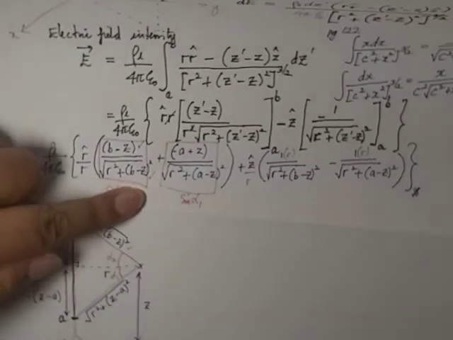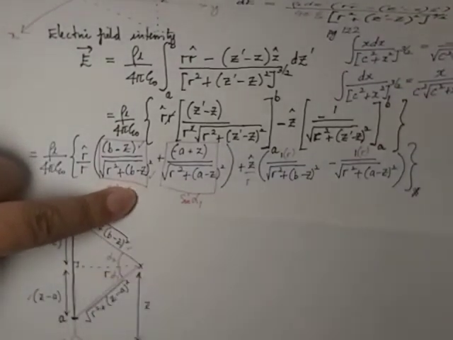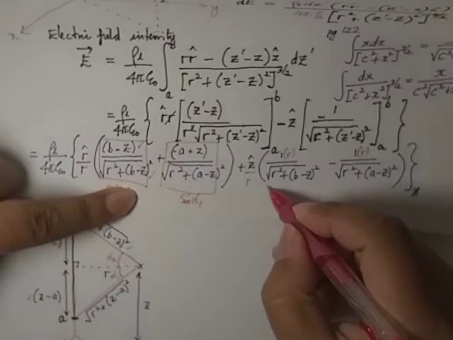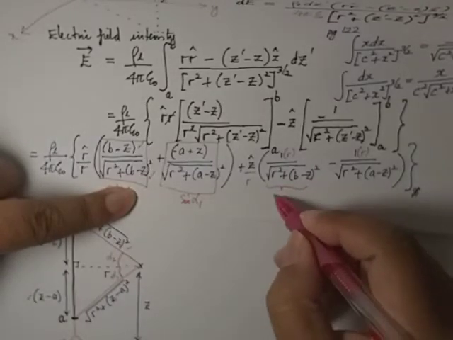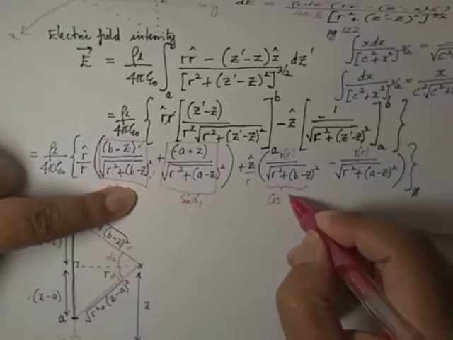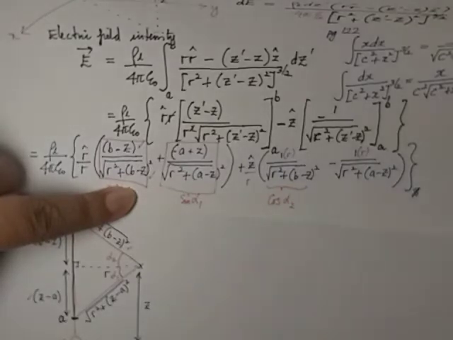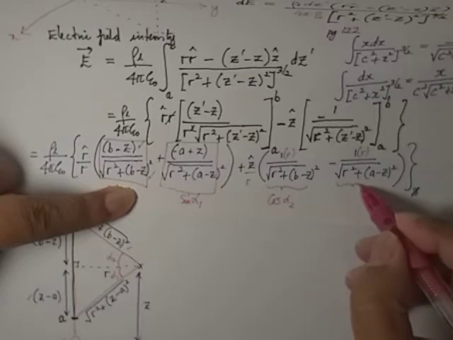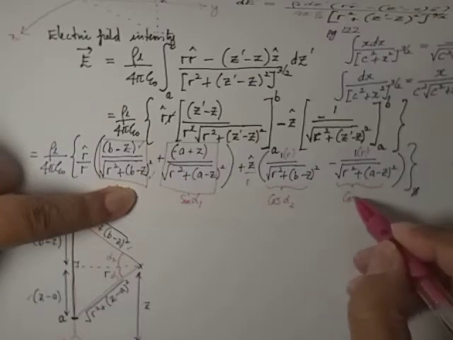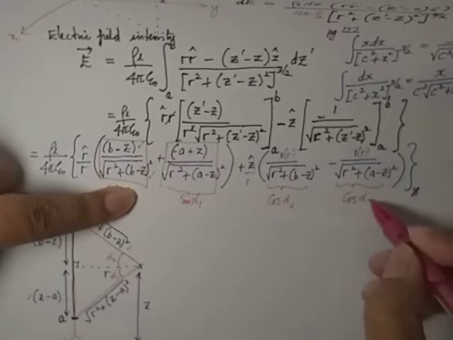If you compare the altered equation with the triangle, you can see this particular component can be replaced with cos alpha 2, agree? And this one should be substituted with cos alpha 1.